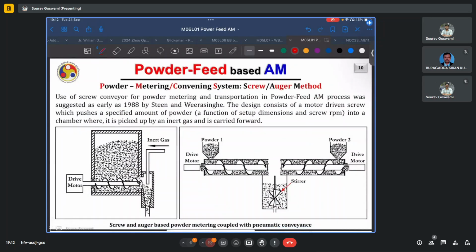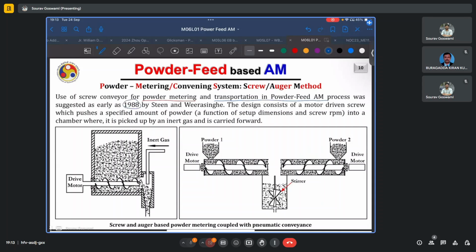First is the screw-based or auger method-based metering and conveying systems, where you simply use a screw for measuring the amount of powder which is transported with the motion of the screw ahead. This was one of the earliest techniques, implemented as early as 1988.